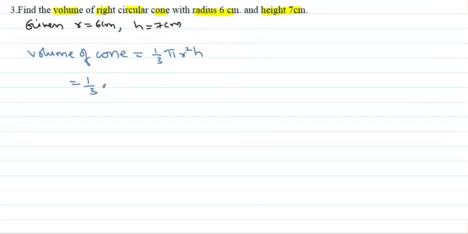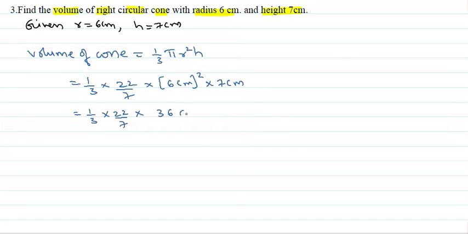So 1 by 3 into pi value is 22 by 7 into radius is 6 centimeter square into height is 7 centimeter, which is equal to 1 by 3 into 22 by 7 into 6 square, that is 36 centimeter square into 7 centimeter. Now we can cancel 7 and 7, 3 1s are 3, 3 12s are 36.